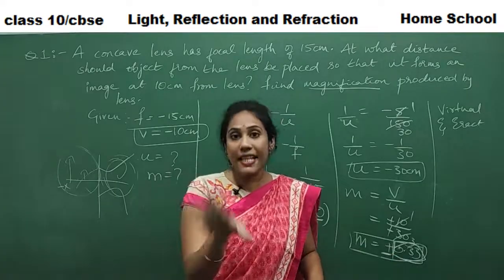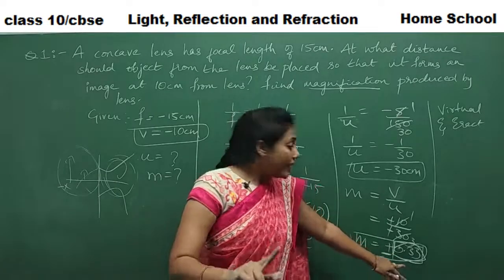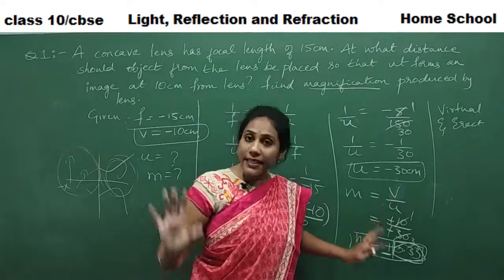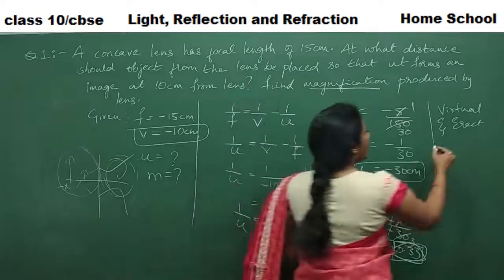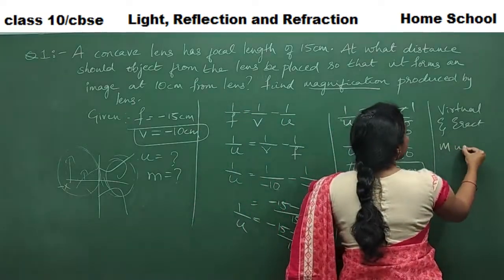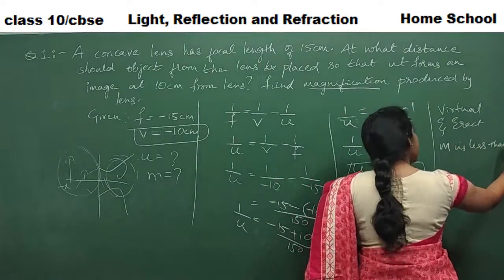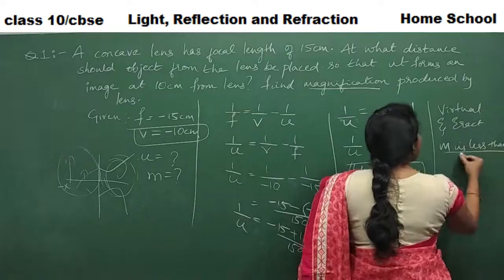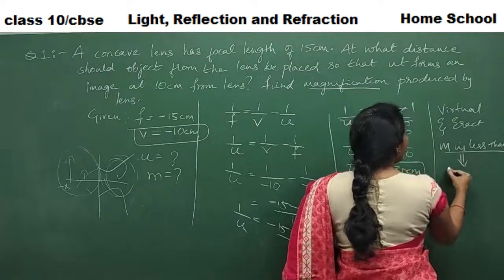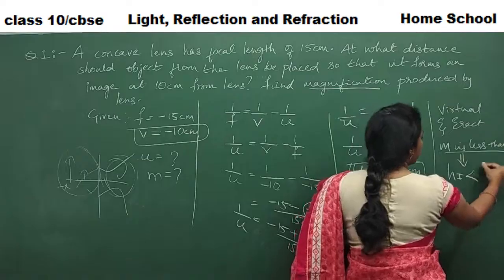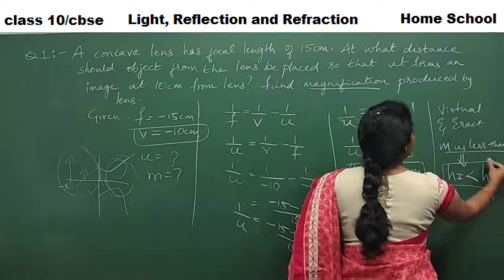M value is lesser than 1 here, right? If m value is lesser than 1, what does this mean? M value is less than 1 here. Less than 1. 0.3 means less than 1. This implies height of the image is lesser than height of the object.